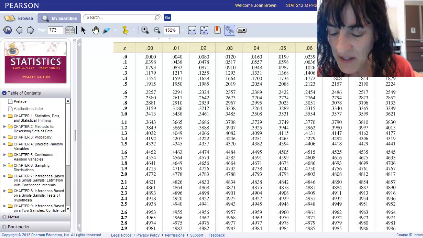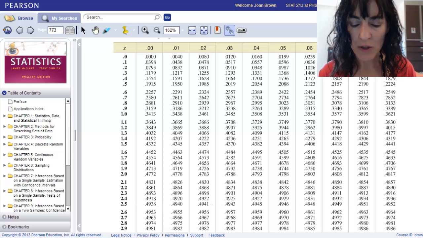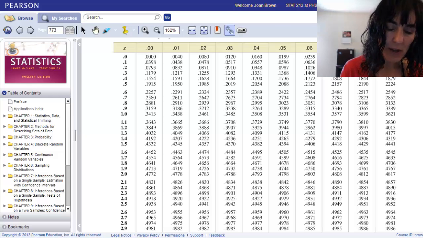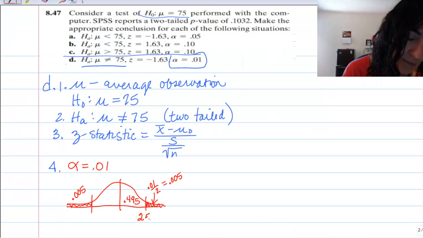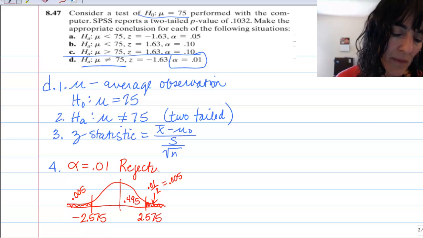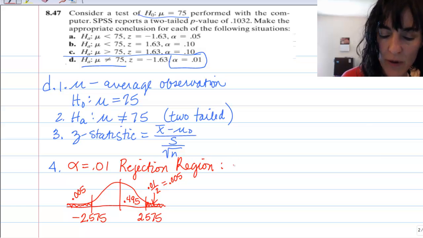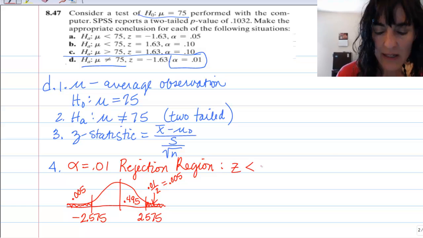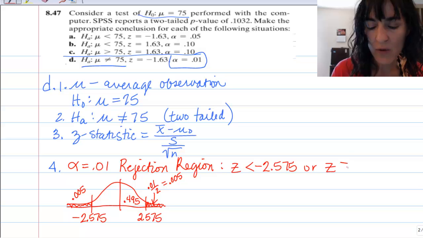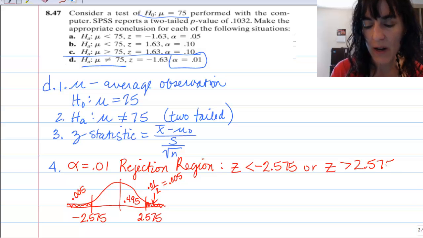It's right in between these two, so it's going to be 2.575, exactly part way between 2.575 and over here negative 2.575. And so then my rejection region is going to be Z is less than negative 2.575, or Z is greater than 2.575.